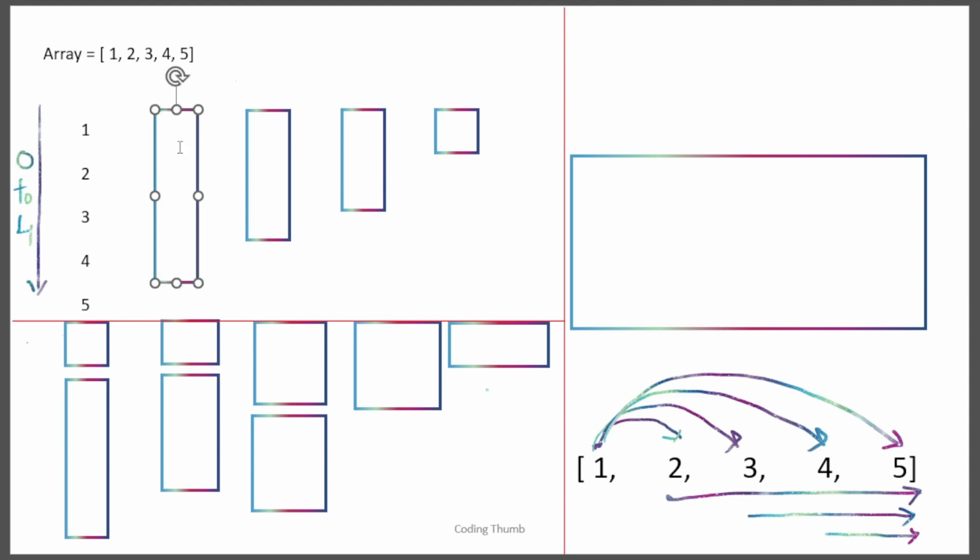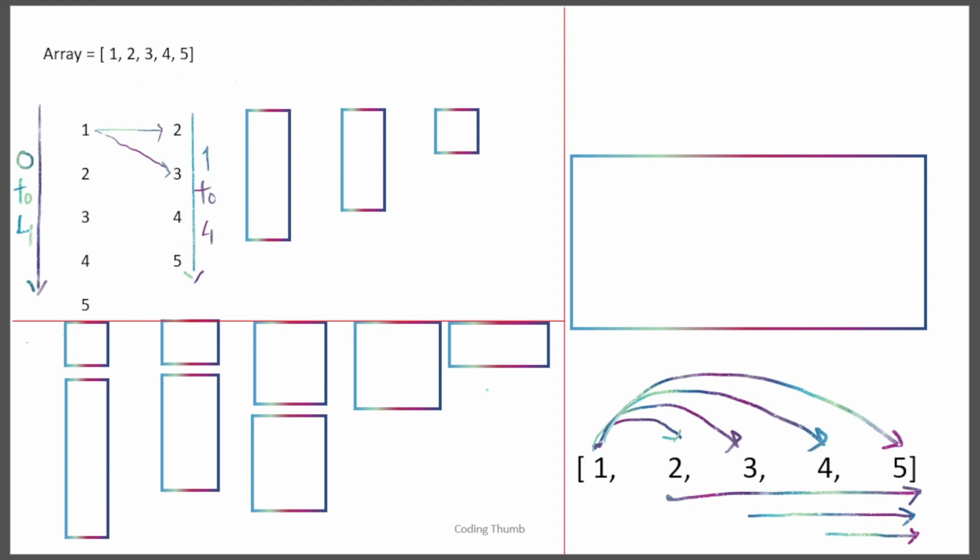Next, when we go from 1, we could go to 2, or we could go to 3, or we could go to 4, or we can go to 5, just like how we saw. So similarly, how we went from 0 to 4, we actually have to traverse here from index position 1 to 4, so that we get each value.